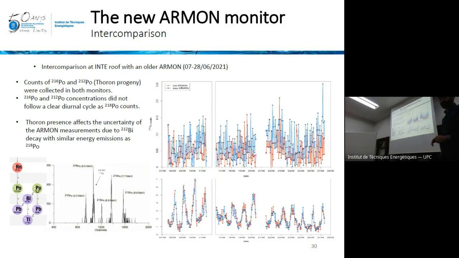During this intercomparison, we found some polonium-218 counts, polonium-214, well, counts which were quite surprising because they were not following the same cycle as the radon, well, the polonium-218 counts.